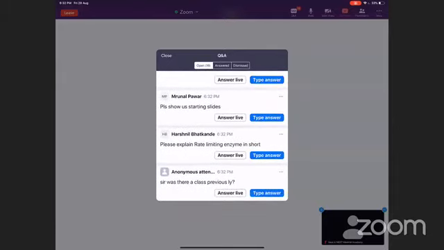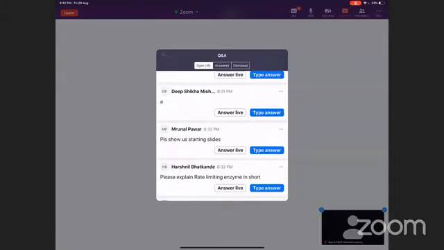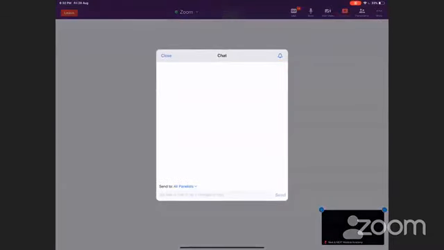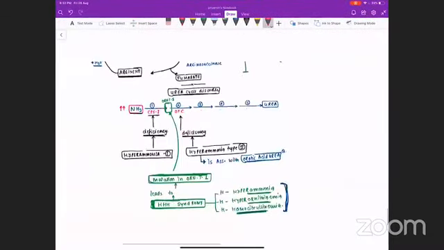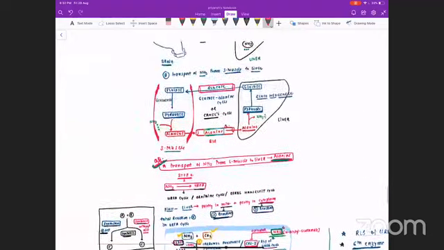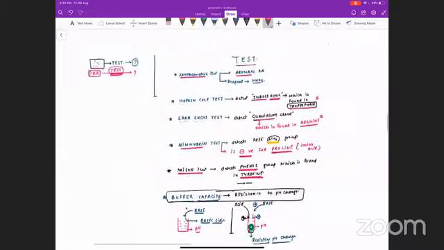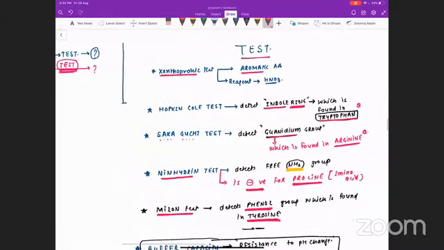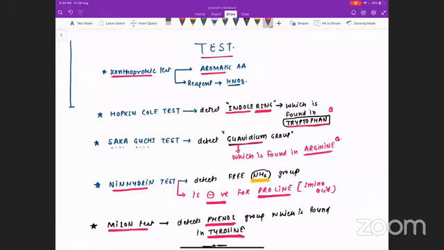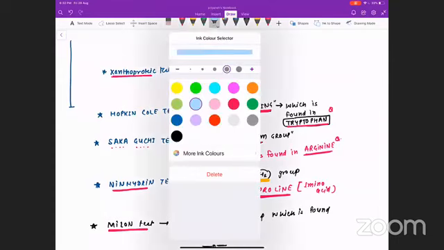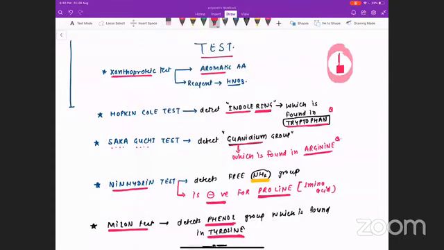I am showing the first slide so that you can take the screenshot. We started today's class from the tests. We have various tests. This was the first slide for today, where we discussed various types of tests done for specific amino acids. You can take a screenshot.